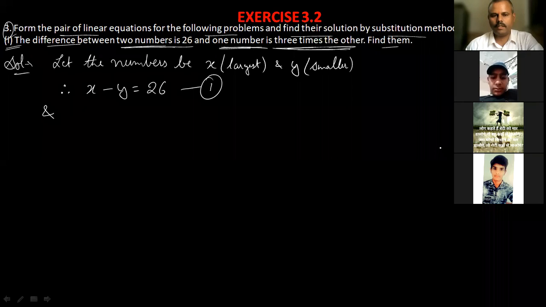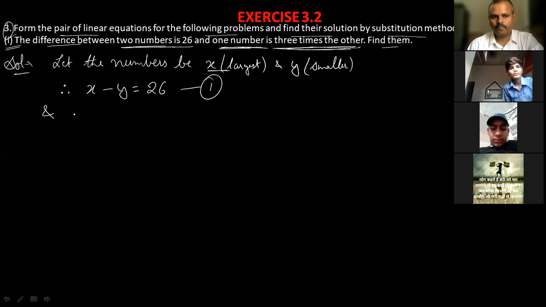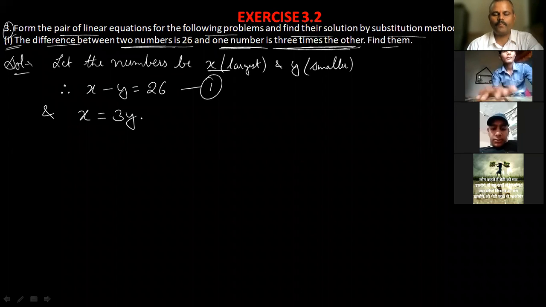One number is 3 times the other, it means the larger number x is equal to 3 times the smaller one, that is 3y. So you can keep this as it is, that x equals 3y.